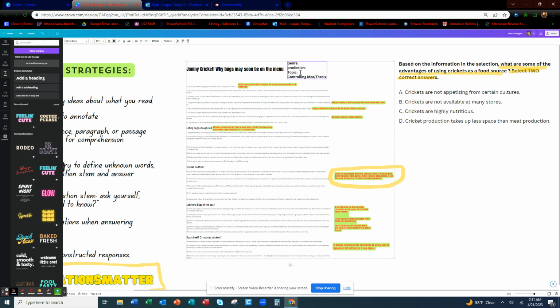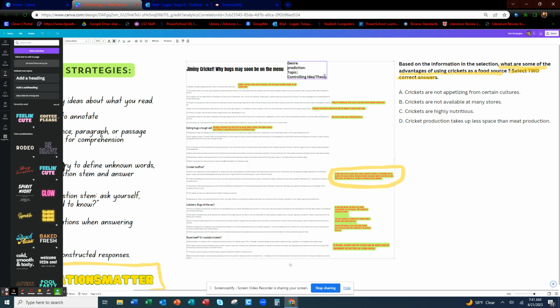And then when it's time for me to answer questions, when it's time to eliminate choices that are obviously not the correct answer, that can be done by keeping with the topic. Your answer choices are going to have something to do with your topic.